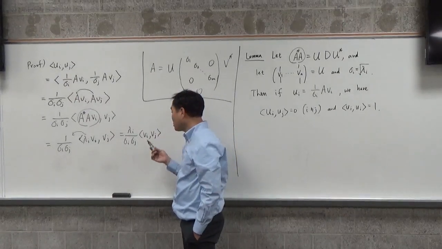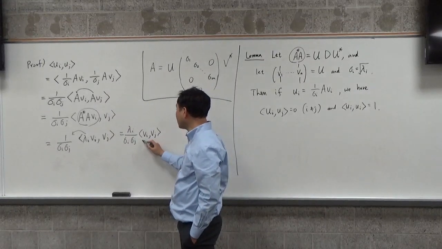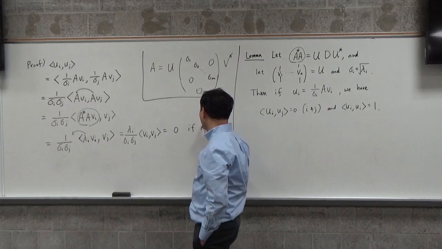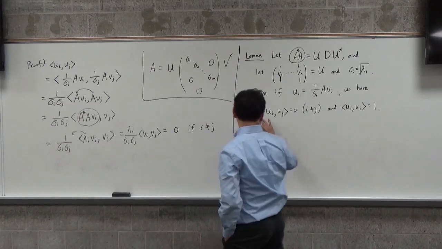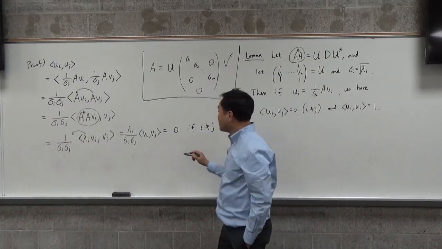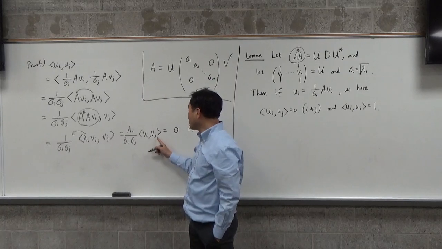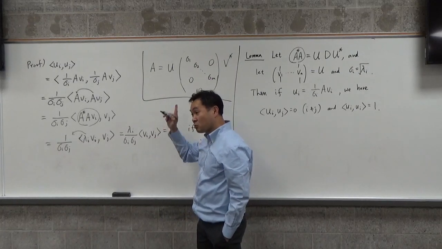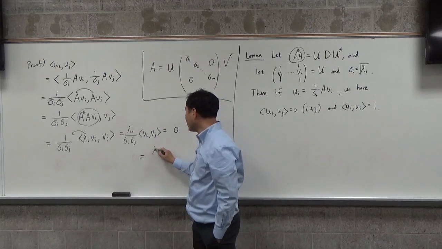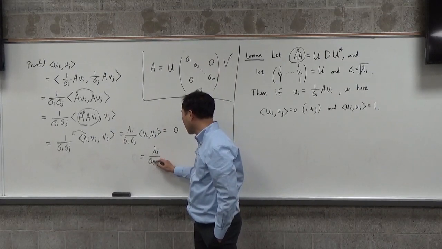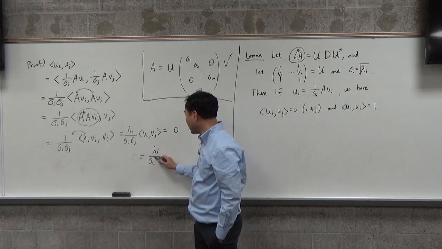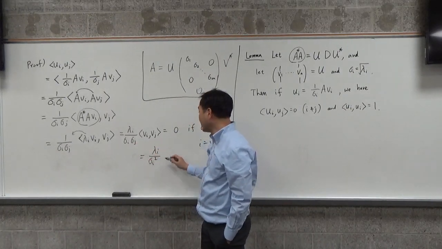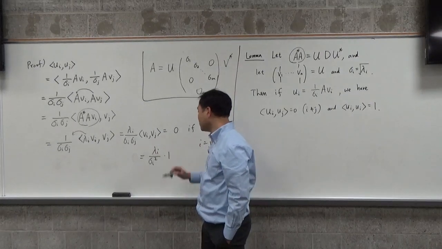V1 through Vn form an orthonormal basis. So what happens is that this is going to be 0 if I and j are different. Oh, so this is already done, right? And then if I and j are the same, then this will be the norm of Vi, which is 1. So you get lambda I over sigma I squared, with lambda I times 1.